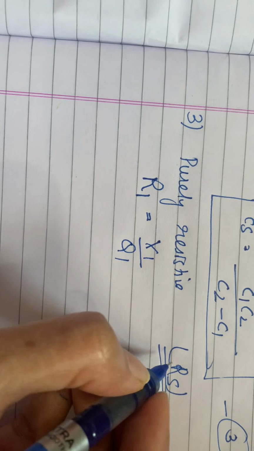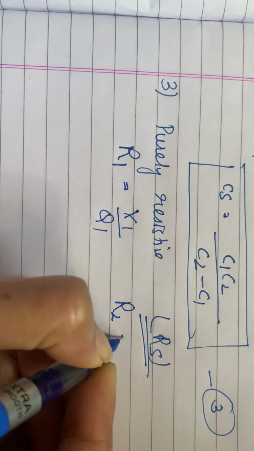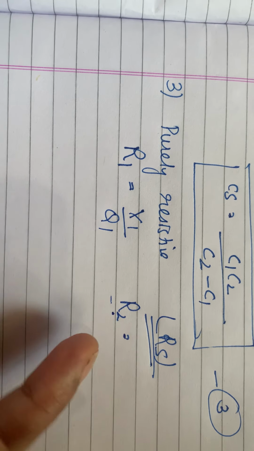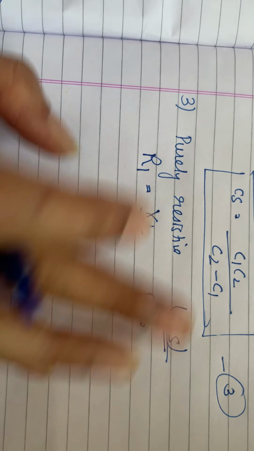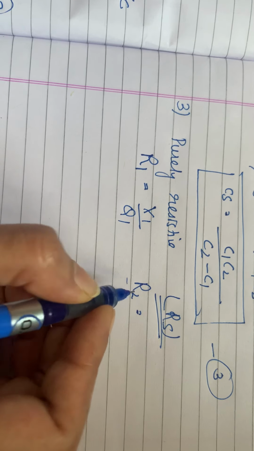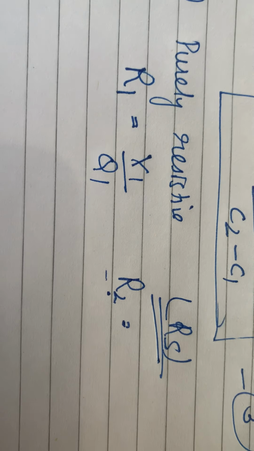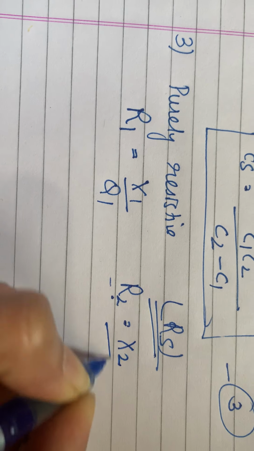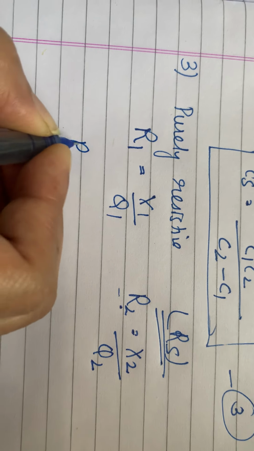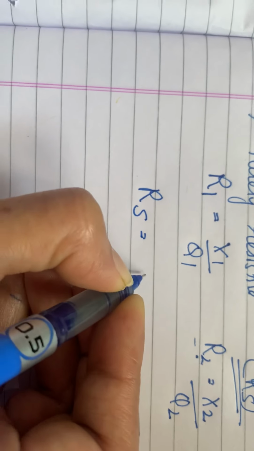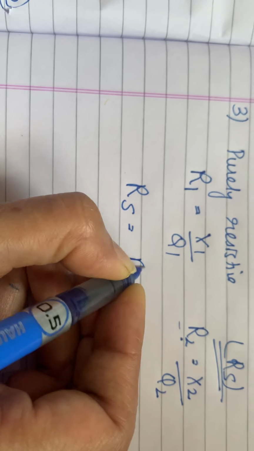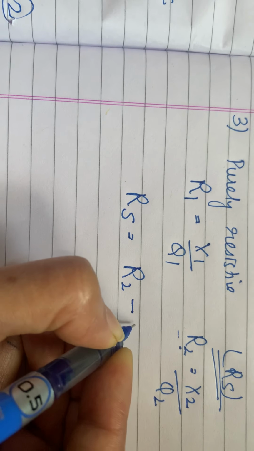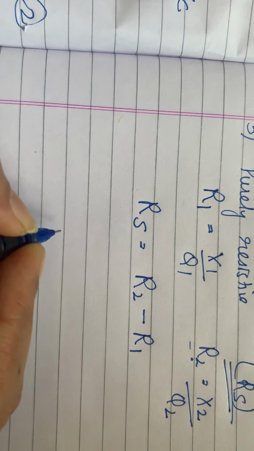In the second measurement, when the unknown impedance was taken into the picture, it was R2, and R2 was X2 upon Q2. So how are you going to find out Rs? For Rs, you have to simply subtract R1 from R2.